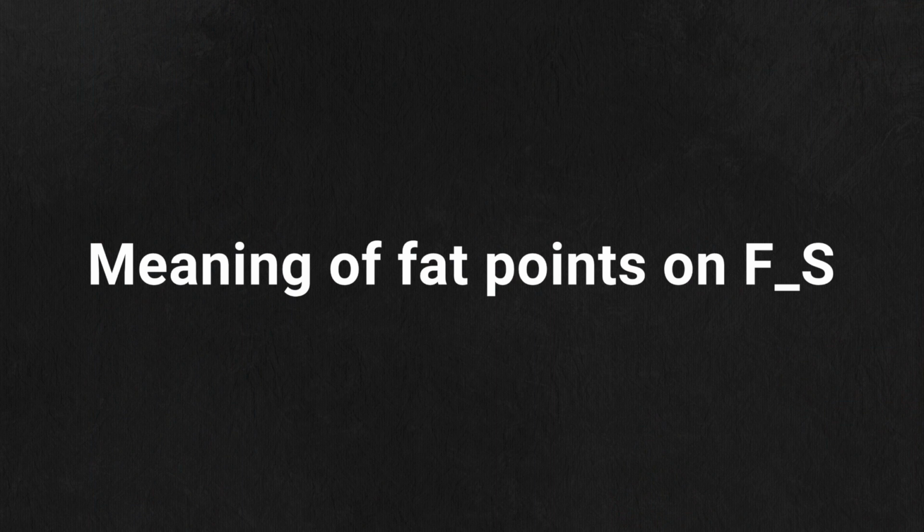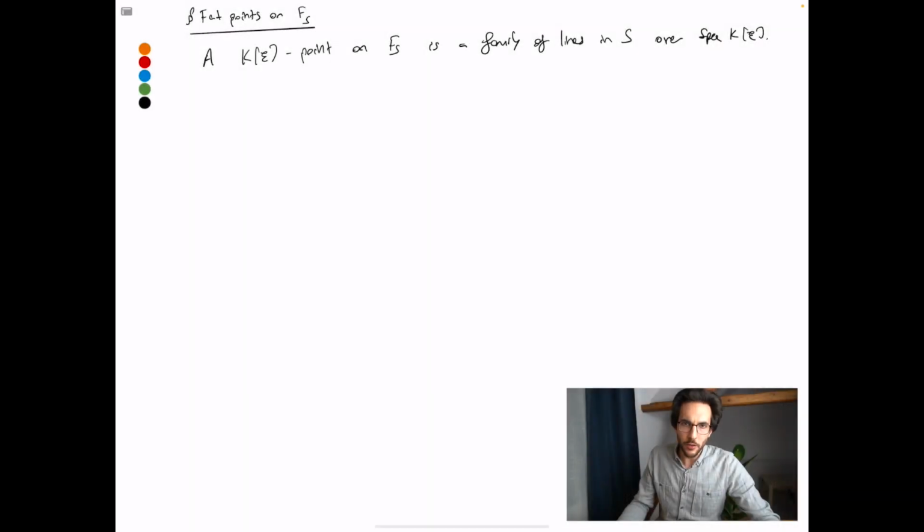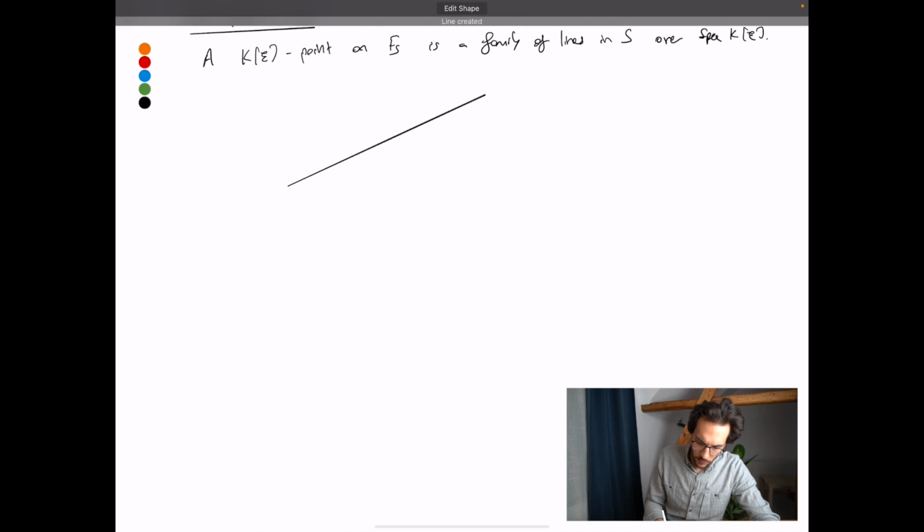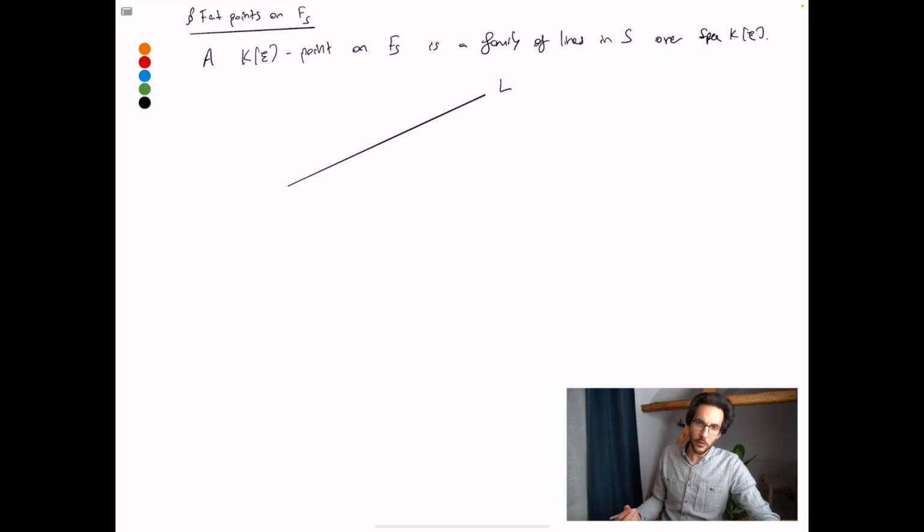Okay, so a family of lines over the dual numbers inside of S is something that we've almost studied, because we considered lines over the dual numbers inside of P3, and we realized that they were lines with normal directions essentially. So we had a line, this is a line. A fattening of this line means I'm fattening every point on the line, every k point on the line.